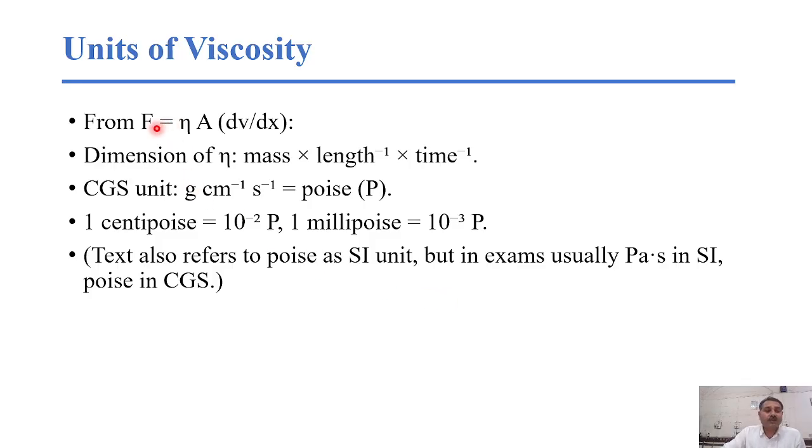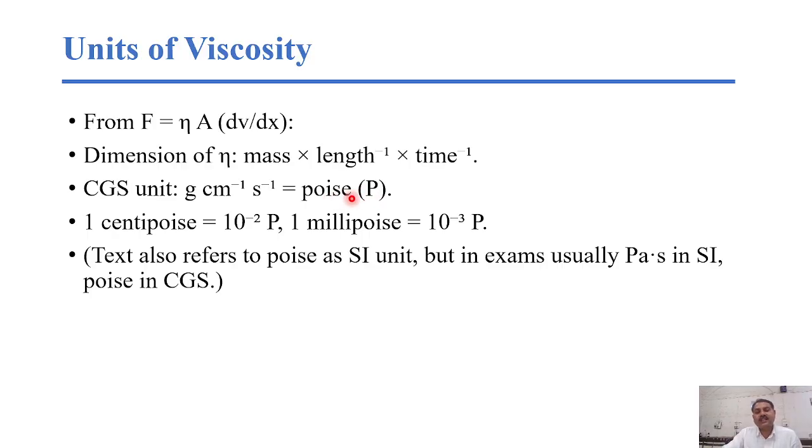Then what are the units of viscosity? If we see from this equation, the dimensions of viscosity, that is eta, are mass into length inverse into time inverse. Generally mass is expressed in gram in CGS unit, length is expressed in centimeter, therefore centimeter inverse, and time is expressed in second, therefore it is second inverse. So CGS unit is gram per centimeter per second, or it is equivalent to poise.